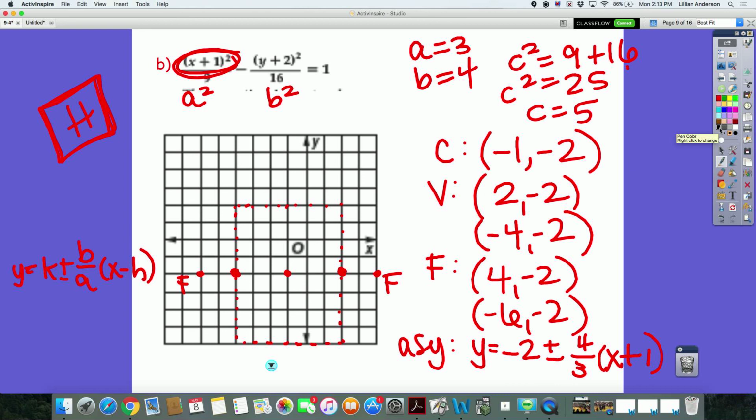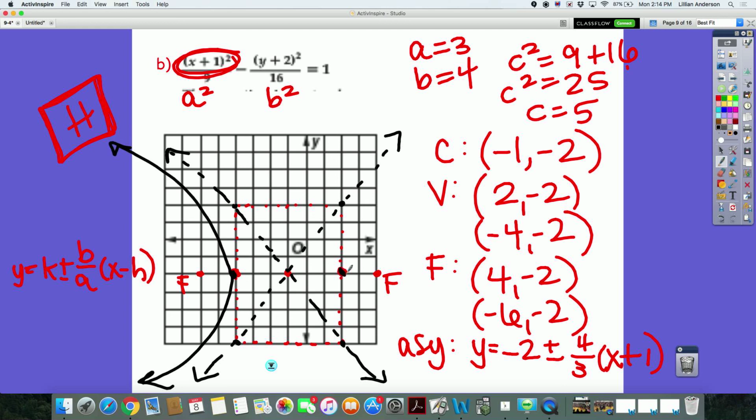But since I already know that the corners of the box are the points that are on your asymptotes, I'm just going to draw in my asymptotes. And yes, you can do this every single time. That's why I graph the box first, so we can see exactly where these asymptotes are. Now we can create our branches. We go from our vertices, get really close to our asymptotes, but never cross nor touch.